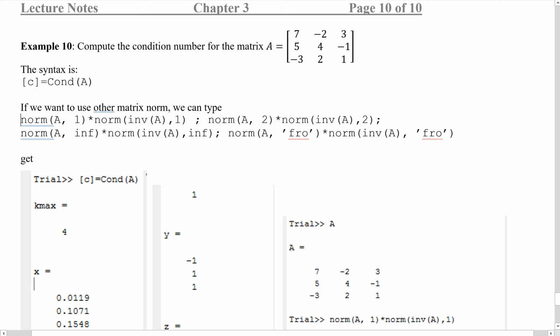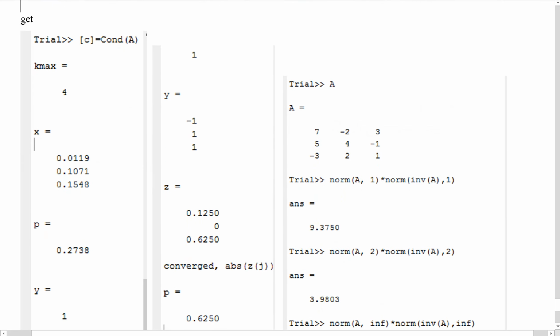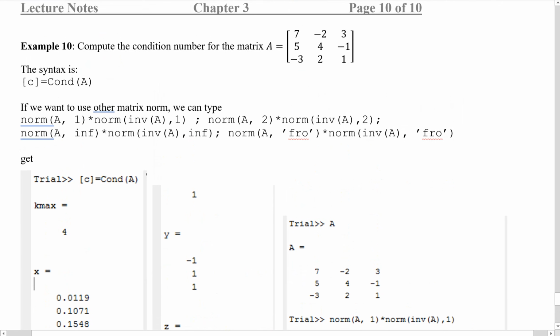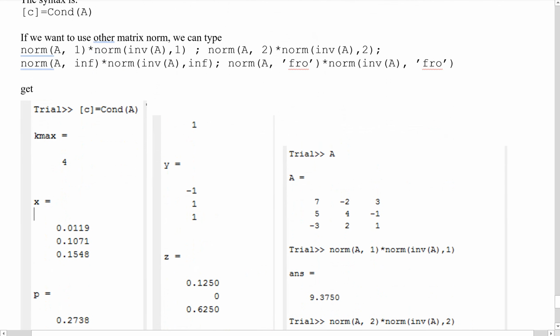But if you want to use another norm, you can use L1 norm of A times L1 norm of the inverse of A, or L2 norm of A times L2 norm of the inverse of A, or infinity norm of A times the infinity norm of the inverse of A, or the Euclidean norm of matrix A times the Euclidean norm of the inverse of A. And you will get the same answer. See? After I type this matrix into MATLAB, when I click OK, the condition number is 4.